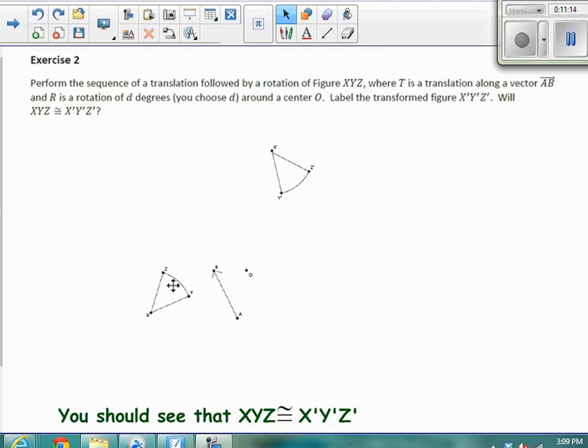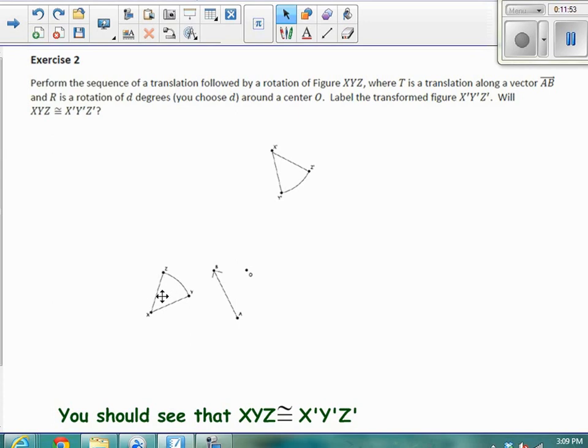So you're using your transparency, and you're sliding this triangle from A to B. So you're drawing your figure, you're drawing point A, and you're sliding your transparency up to B. And then you're rotating it about point O. You choose the degrees, but you should stop somewhere where you're comfortable, where you can write X prime, Y prime, and Z prime. And then you're going to label that transformed figure X prime, Y prime, and Z prime, like I did here.